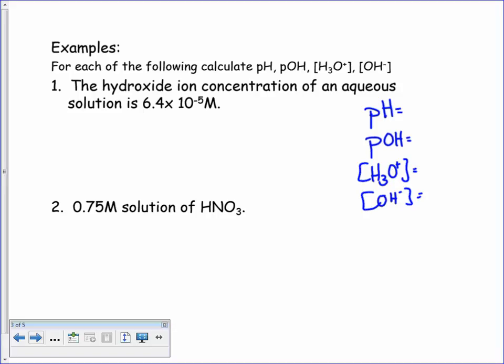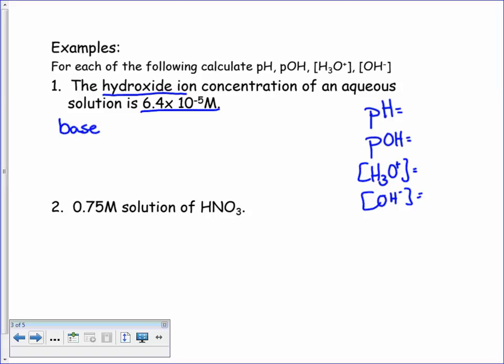In problem number 1, the hydroxide ion concentration is 6.4 times 10 to the negative 5. This number is greater than 1 times 10 to the negative 7, so this substance has more hydroxide ions than water, which means that this is a base.